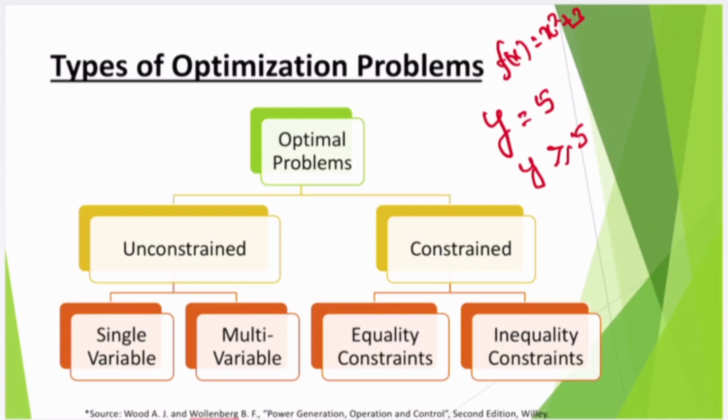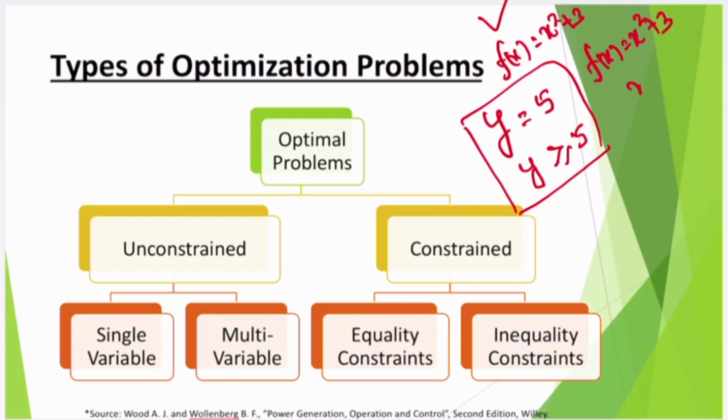And if I do not have any constraint, and only have to optimize this function, then that is my unconstrained optimization problem. But if I have to do this with a restriction on the variable, for example, f of x equal to x square plus 3, and x must be less than or equal to 5, then that optimization problem becomes a constrained optimization problem of a single variable.